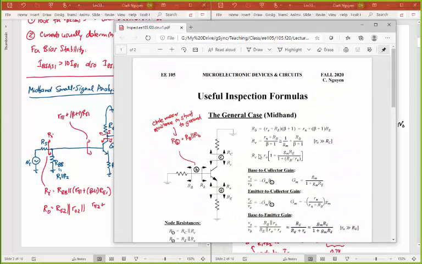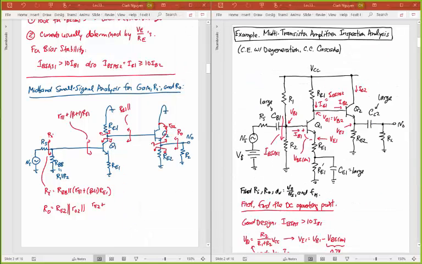Here's that equation. RC, looking down in this direction, is R0 of this transistor times 1 plus GM times this RE resistance, divided by 1 plus RB over R pi. If I try to reproduce that here, this is going to be RC1 in parallel with R01, and then that R01 is going to have to be multiplied by all that stuff.